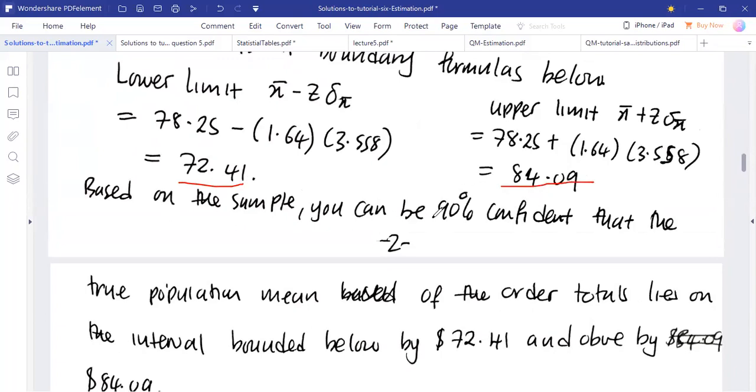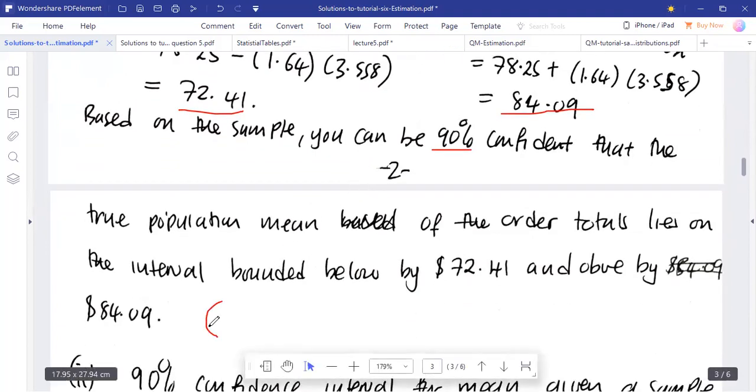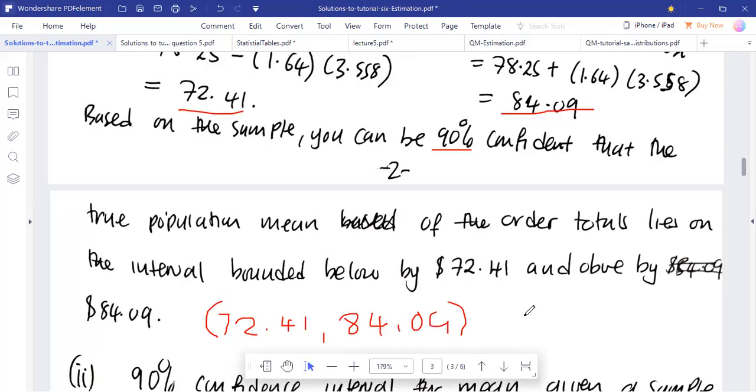So based on the sample, we are 90% confident that the true proportion will lie between 72.41 and 84.09. So this is the confidence interval. At the sample size of 40, it's between 72.41 and 84.09.